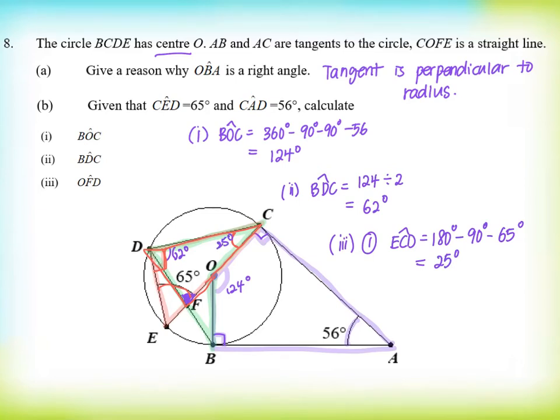So after I know that this is 25 degrees, now I can find, number 2, angle OFD. Angle OFD will now be 180 minus the angle at the circumference 62 minus the one we just found, 25 degrees, to give me the answer 93 degrees. Have you gotten the answer?